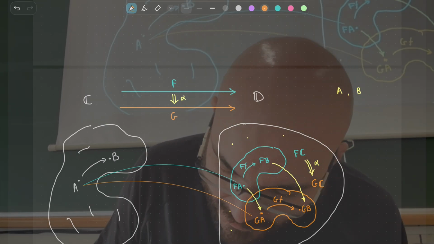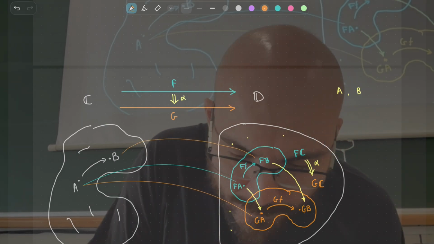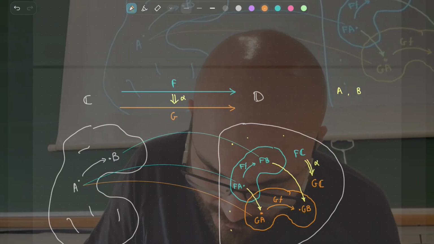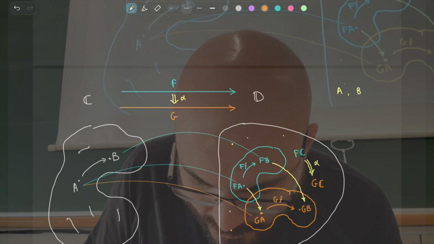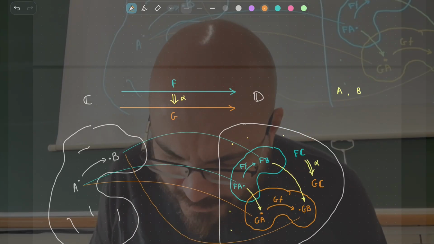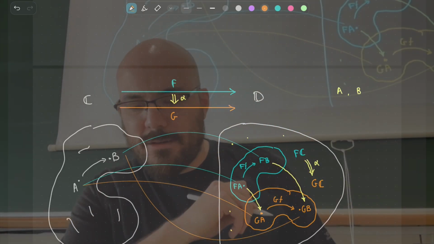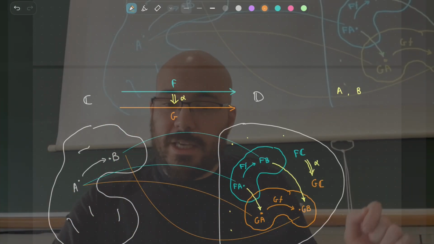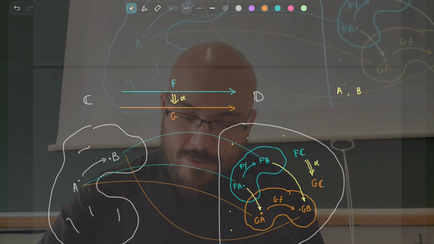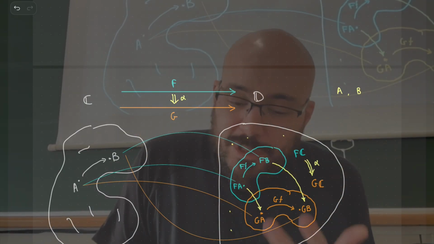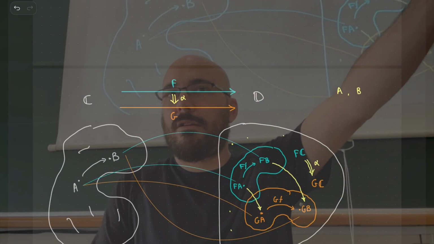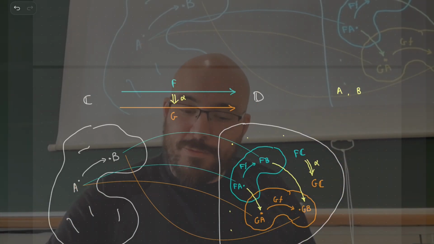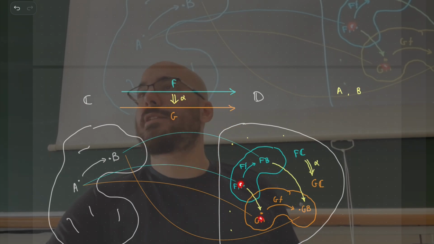Okay, and you can do the same for B. For B, you can ask for the blue B here, and you can ask for the orange. It will become messy. Sorry for that. I don't like this, but okay. Does that make sense? So there are 2 different translations for each object of C. And you have to tell me, for each object of C, how to go from the blue translation to the orange translation.